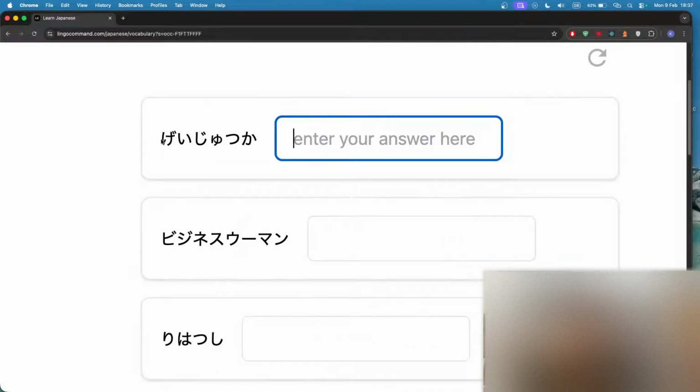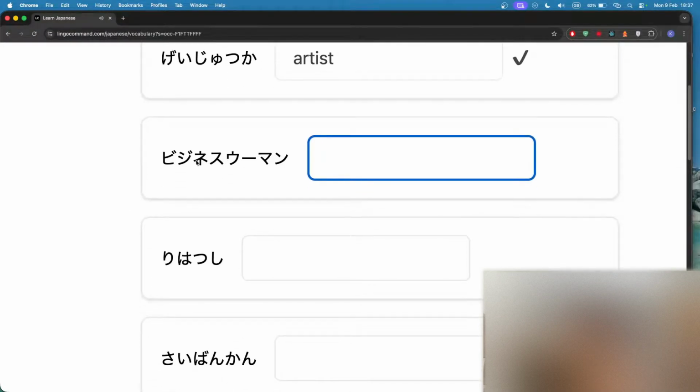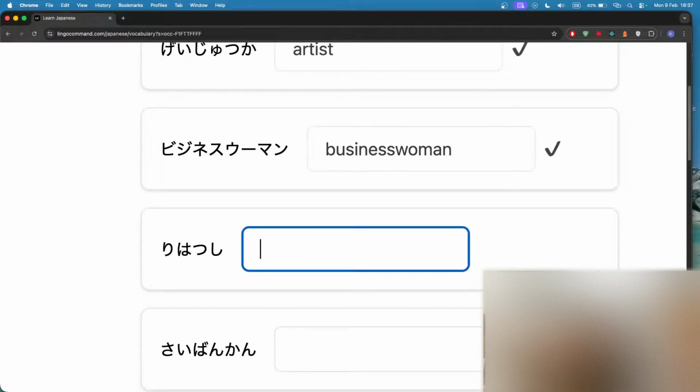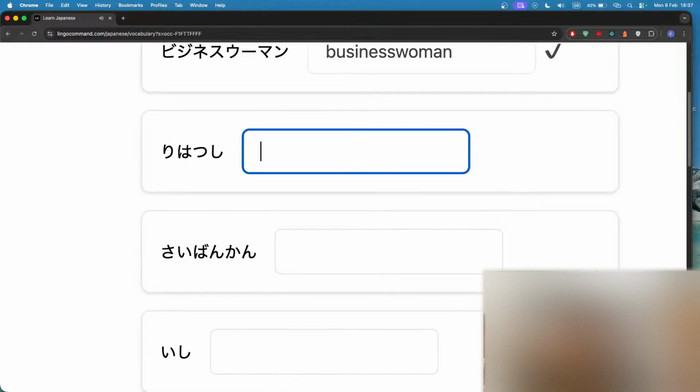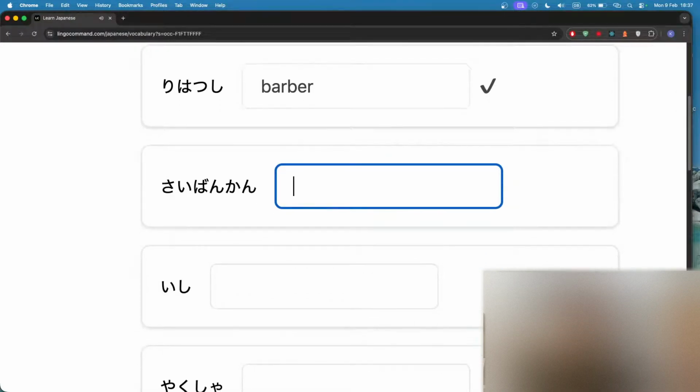So, here we have geijutsuka is artist. Businesswoman is businesswoman. Rihatsushi is a barber. And the next one here is saibankan is a judge.